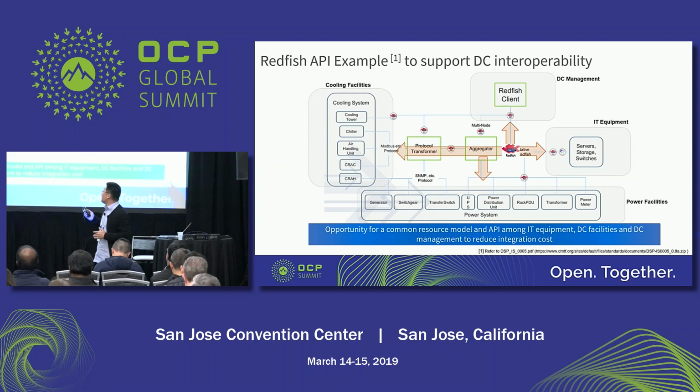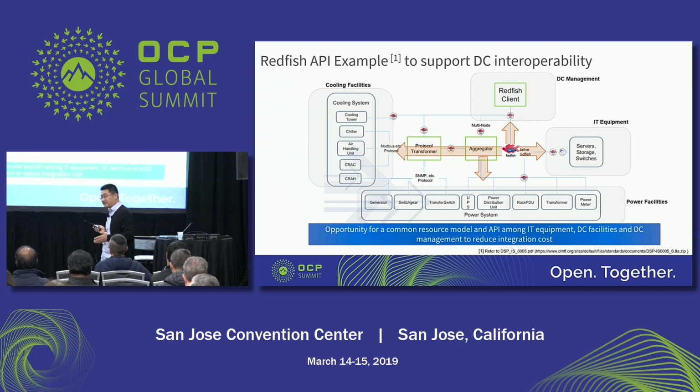So here, this picture lists some basic, fundamental ingredients or components within the data center. We can see we have the IT equipment, server, storage, or switch. We also have the cooling system, power system, and data center management.